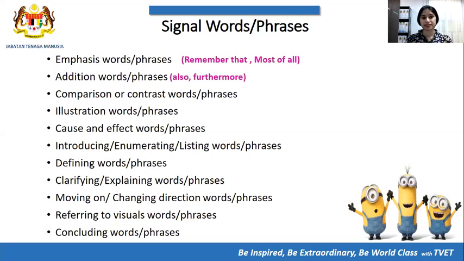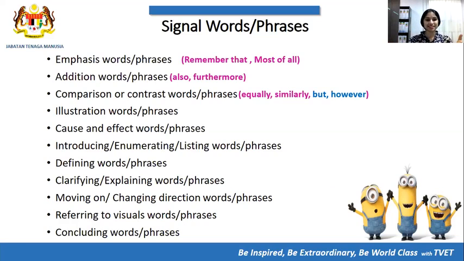Comparison is comparing the similarity, whereas contrast is comparing the difference. If you want to point this out, you can use signal words like for comparison, equally or similarly, whereas for contrast, you use but, however.